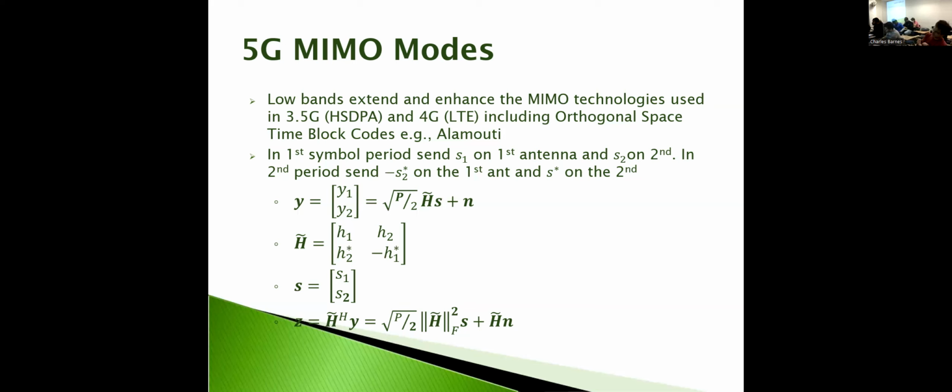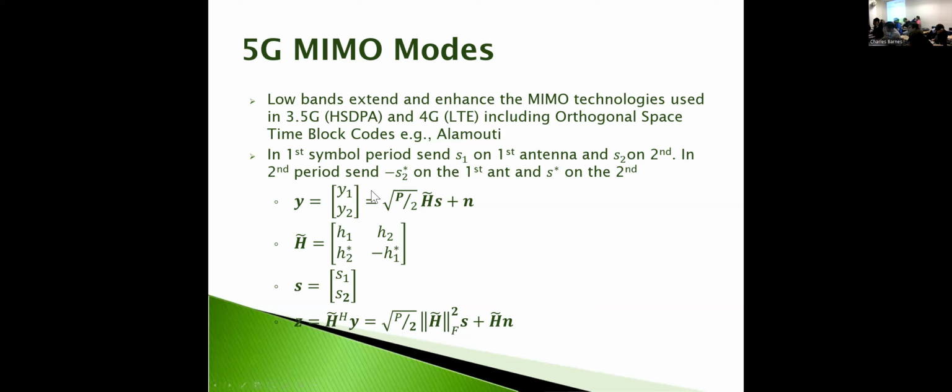A classic one was developed by this guy Alamuti, and it's known as an orthogonal space-time block code, sometimes abbreviated STBC or OSTBC. These are going to be more common in the low bands. In the high bands, I think I have another slide about that. So I'm just going to give you a real quick example of this.